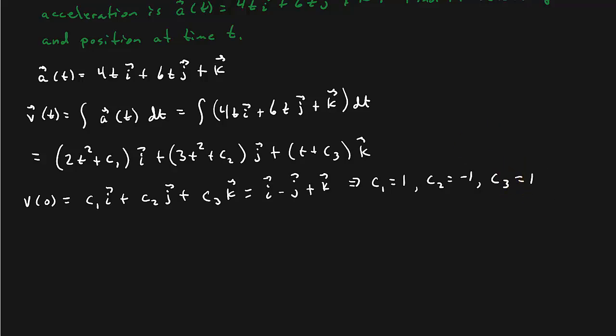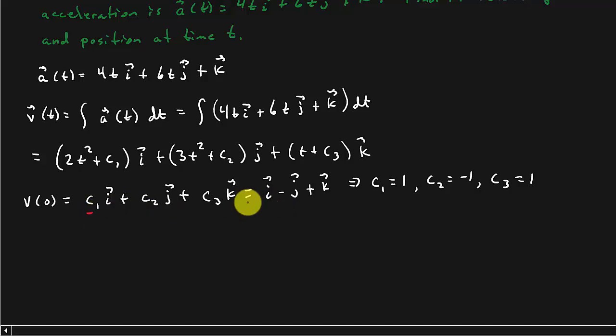You see that? See, the number in front of i has to equal this number in front of i. The number in front of j has to equal this number in front of j, and the number in front of k has to equal that number in front of k. And you know this is understood to be a 1, that's negative 1, and that's 1.